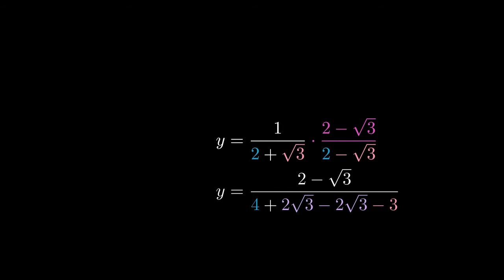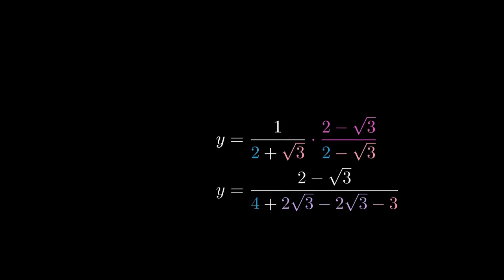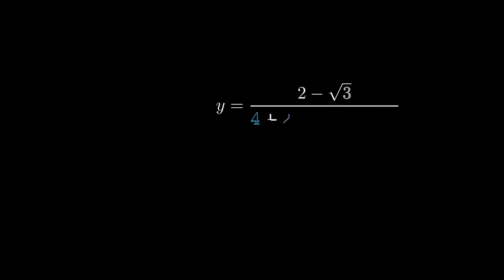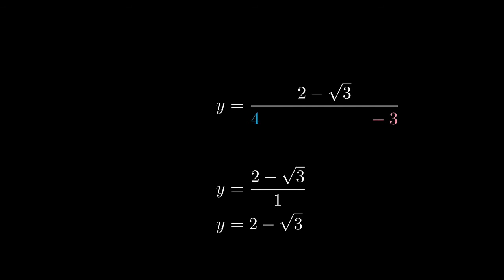That's because of the conjugate having the opposite sign. The middle terms always cancel, and so we can eliminate the square root sign by using the conjugate. So we end up with the square roots flying away. We have a nice denominator of 1, and so there's our y.